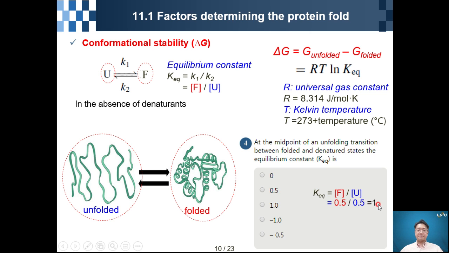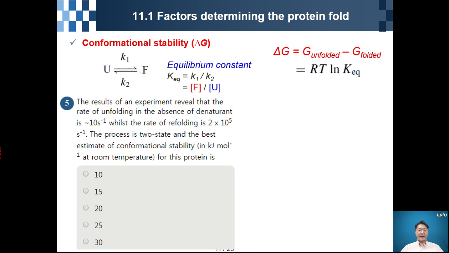In this slide, I will show you one example of how to calculate conformational stability. The question says the experiment revealed the rate of unfolding in the absence of denaturant.